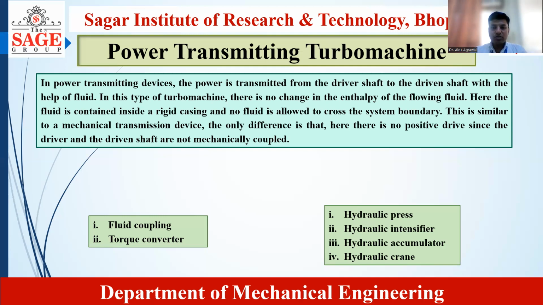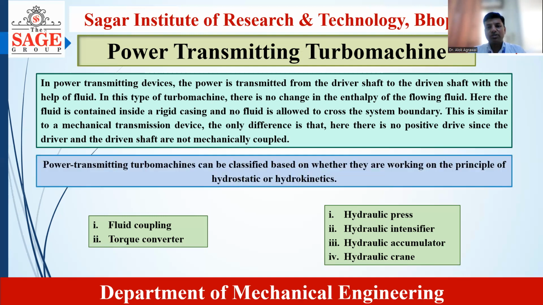These power transmitting turbo machines are classified based on the working principle, whether the machines work on the principle of hydrostatics or on the principle of hydrokinetics. If it is working on the principle of hydrostatics, the fluid remains at a static state, not continuously moving.